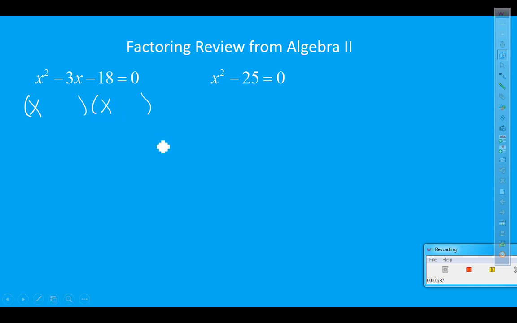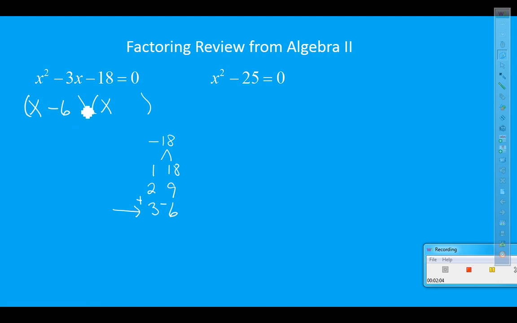I need you to go find me 2 numbers that multiply to be negative 18. Your choices are 1 and 18, one's positive and one's negative; 2 and 9, one's positive and one's negative; 3 and 6, one's positive and one's negative. Find the ones that you can make add up to be negative 3. Well, they're going to be right there. I'm going to need a positive 3 and a negative 6.